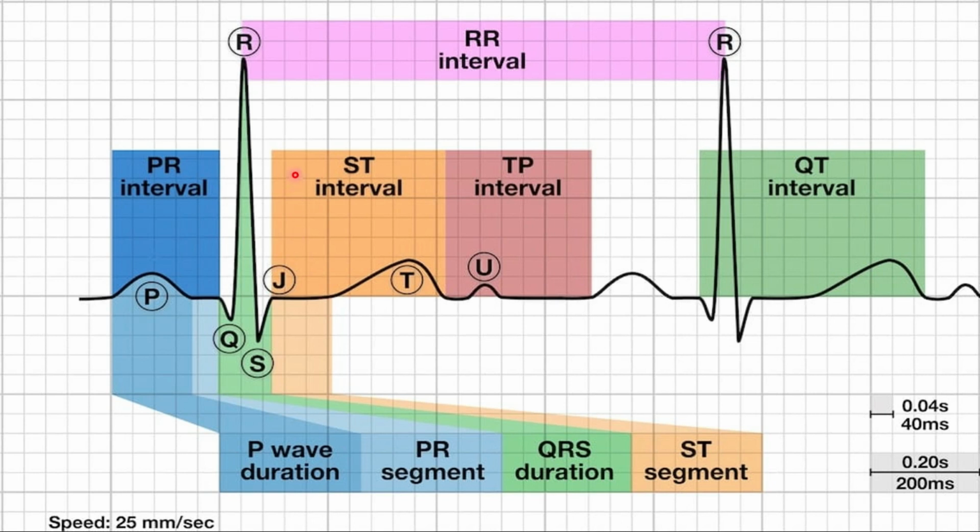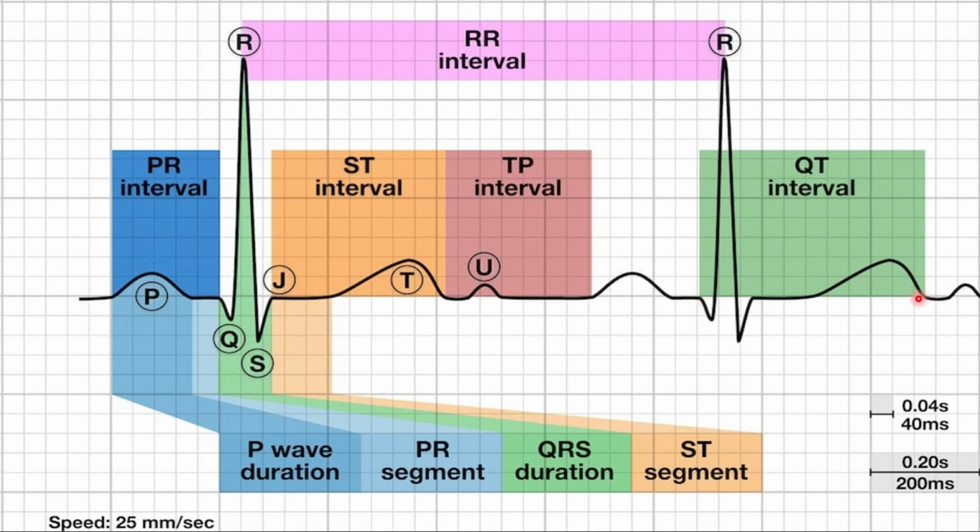After that is the ST interval. It is from the end of the S wave till the end of the T wave. Also there is a TP interval, which is from the end of the T wave to the beginning of the P wave. Another important interval is the QT interval. It is from the beginning of the Q wave till the end of the T wave.